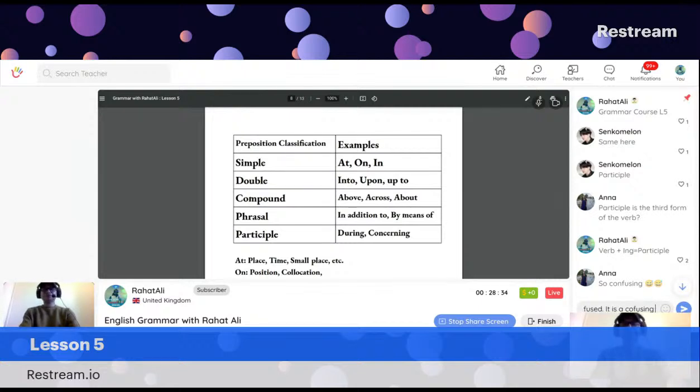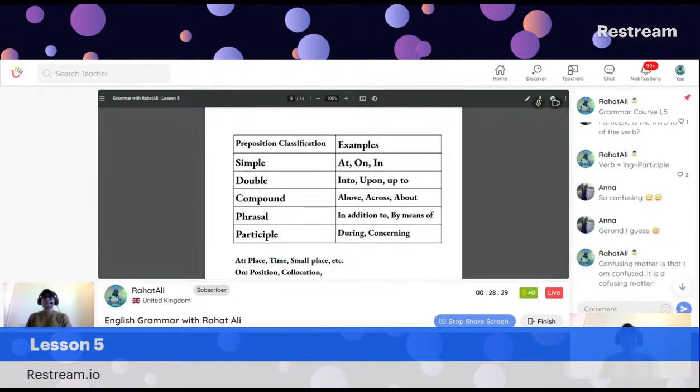I'm writing it. Yes, look at these two sentences I've written for you, both of you. A confusing matter is that I'm confused, for example. Here we have used "ing" after the verb, so it is a participle. It is a confusing matter. Here confusing is used as an adjective or noun.